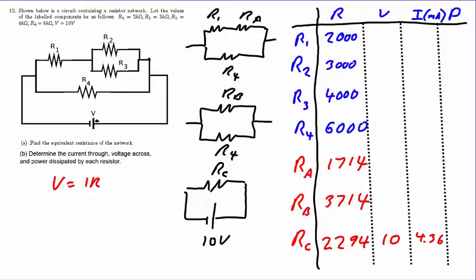Now we begin the process of taking apart our equivalent resistors into their individual elements in order to learn everything about every device in the entire circuit. RC was made of the parallel combination of RB and R4, and we recognize that for devices in parallel, all of them will always have the same voltage, meaning that RB and R4 will both have 10 volts.